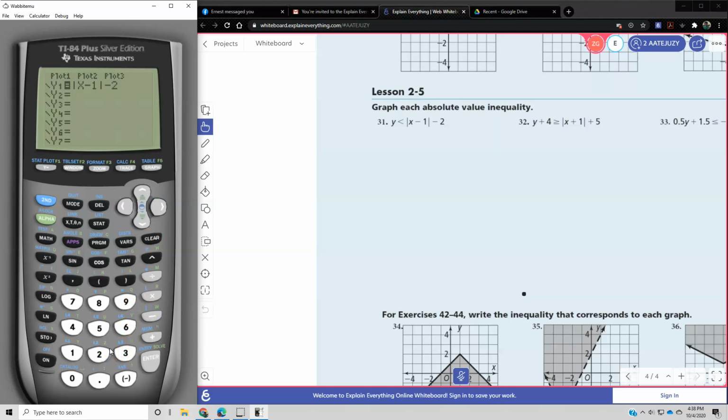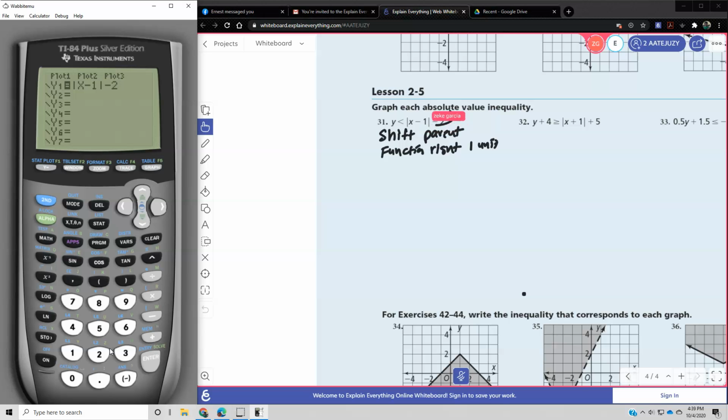Now, before we go any further, I do want to talk about the transformations. The -1 is going to shift the parent function to the right 1 unit.